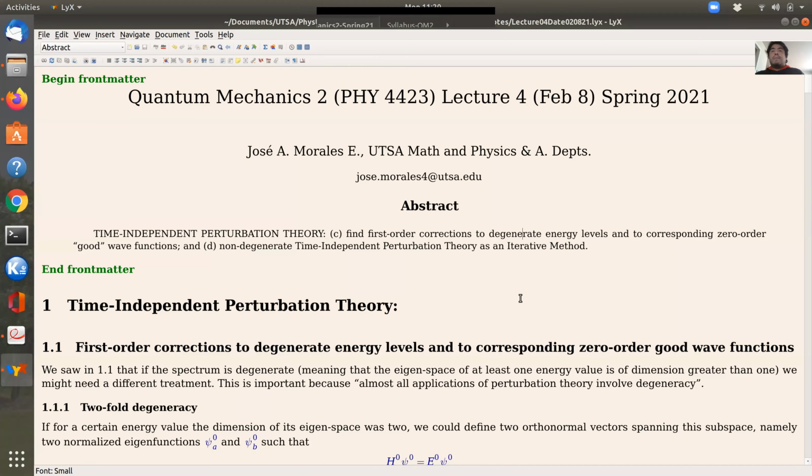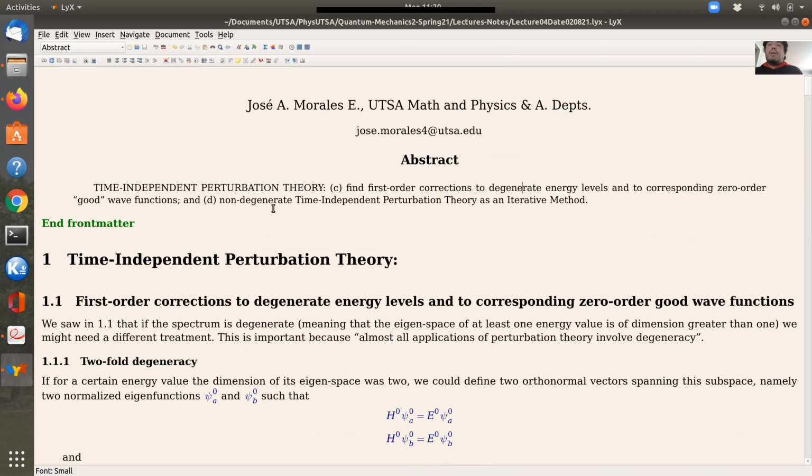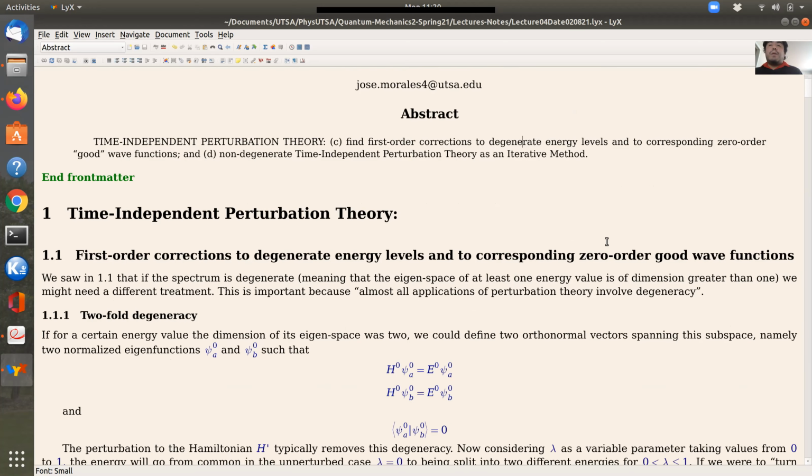Okay, yeah. So again, the remaining things to talk about in time-independent perturbation theory are basically the first order corrections to degenerate energy levels and the good wave functions, and non-degenerate time-independent perturbation theory as an iterative method.